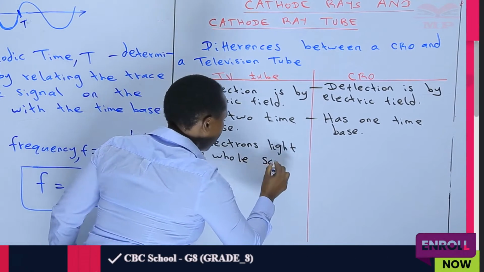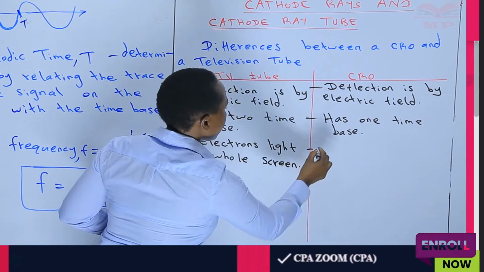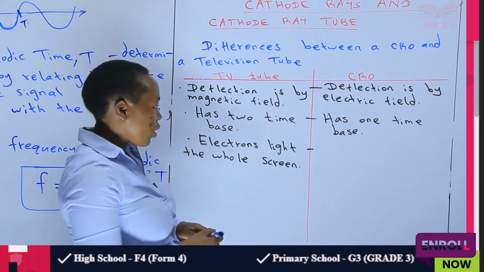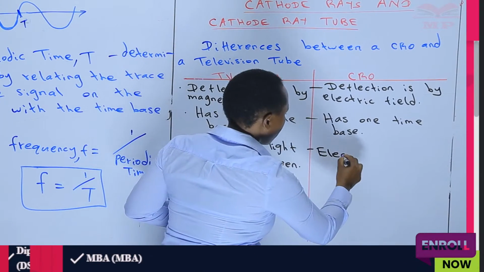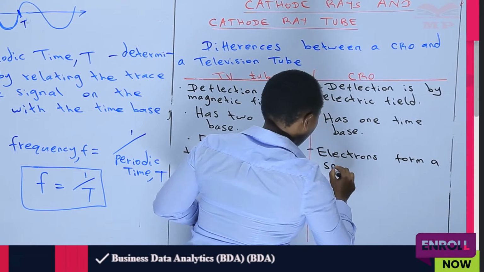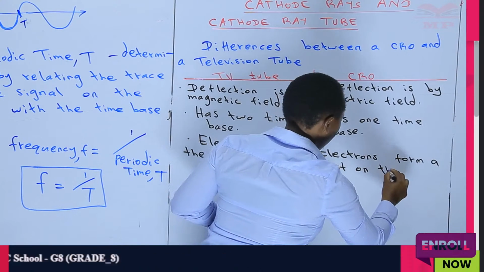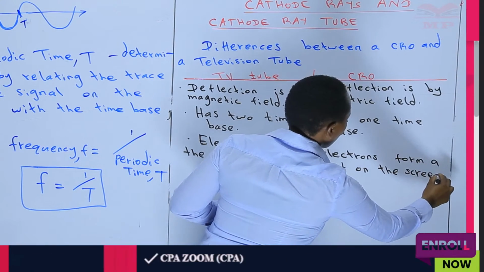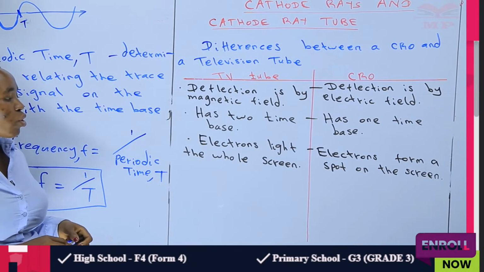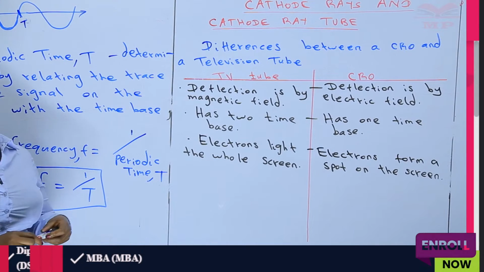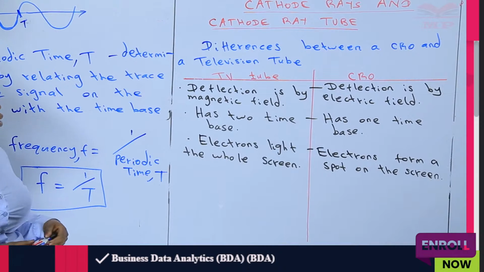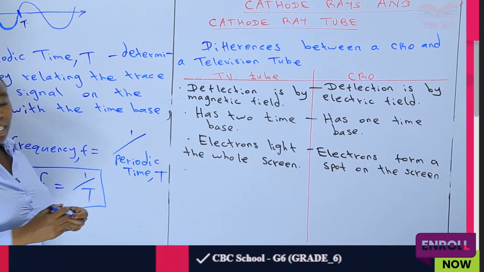Whereas in a CRO, as we said, the electrons will only form a spot on the screen. This we were able to explain. So the electrons which are being produced in a cathode ray oscilloscope will only form a spot on the screen, unlike in a TV tube where the electrons will light the whole screen.